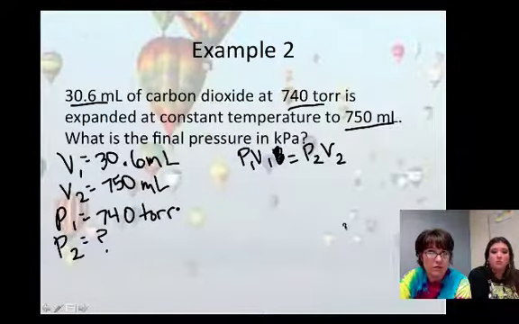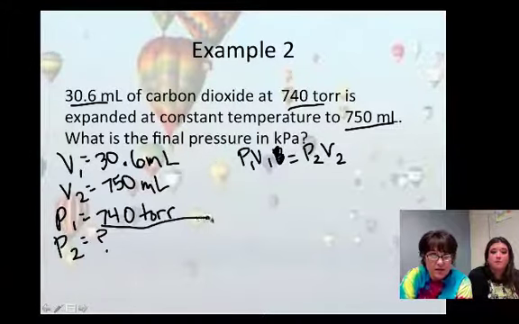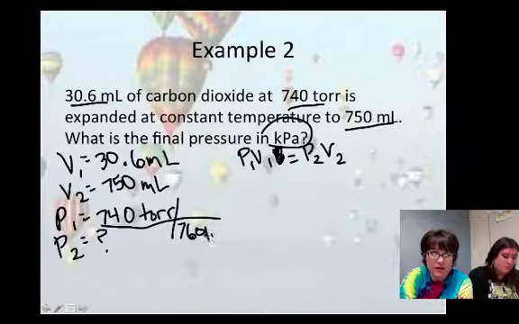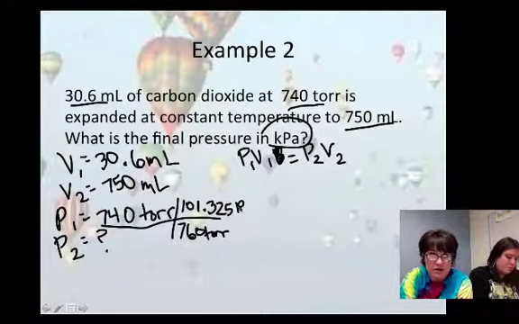We're going to need to convert. Do we want to convert at the end, or do we want to convert at the beginning to kilopascals? Either way we do it, we're going to have to do it. Might as well take care of it now, huh? Because the target says final pressure in kPa. So let's put 760 torr down here, and then we have 101.325 kPa.